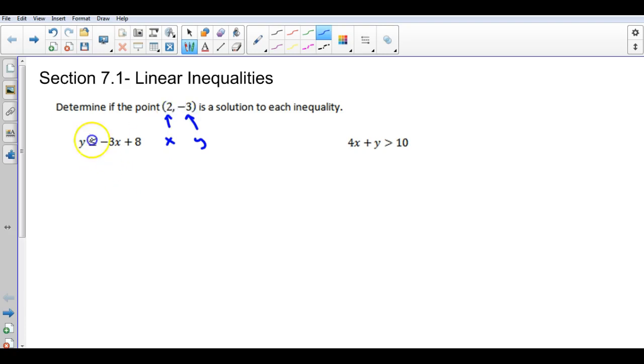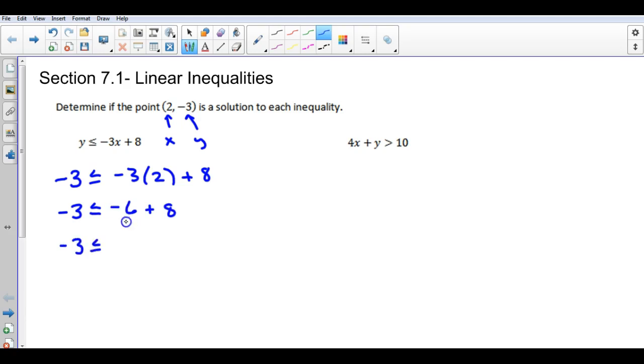So in this case, I'm going to take the negative 3, substitute that for y, and I'm going to take the 2 from the coordinate and substitute that for x. And we will see if this comes out to be true. On the left side, I have my negative 3. Negative 3 times 2 is negative 6. And I'm going to add 8 to that. So you end up with an inequality that says negative 3 is less than or equal to positive 2.